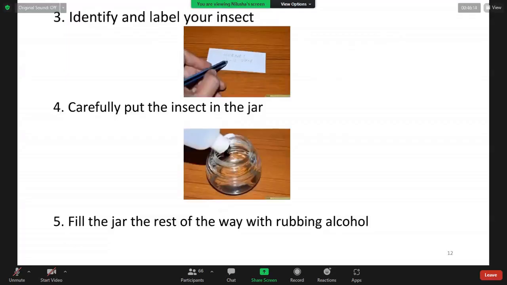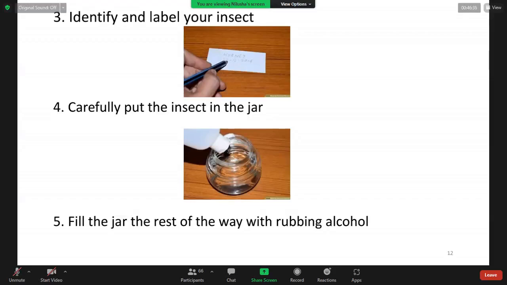After that, you find that dead insect and you label your insect for your sample. After that you carefully put the insect into the jar.